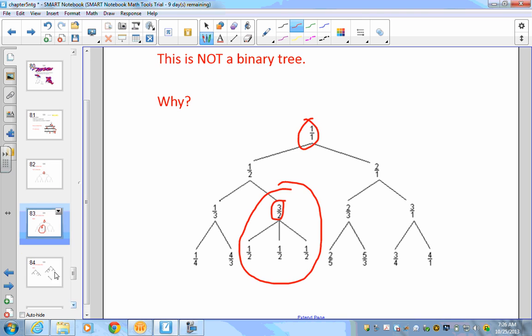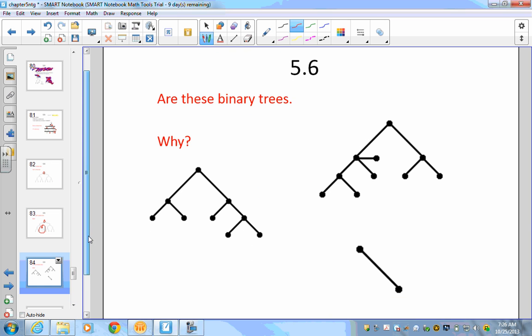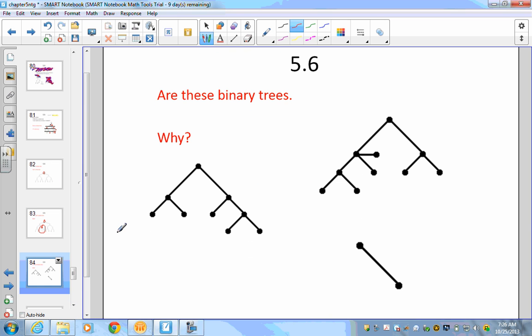All right, moving on. Just more examples of what's a binary tree and what isn't. You can pause the video if you want to go over it. I'll give you a second, so pause it right now if you're going to. All right. So the answer to this is yes, this is a binary tree.